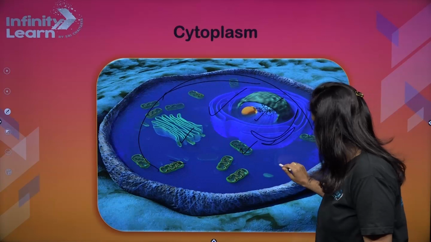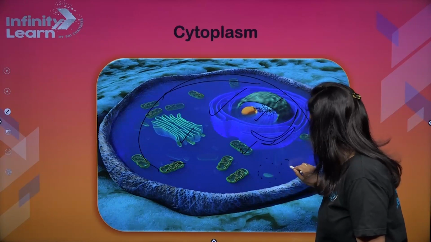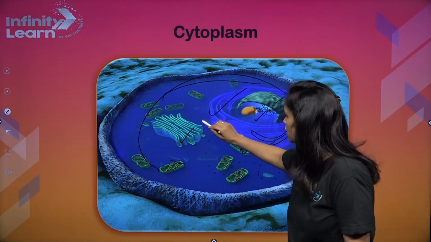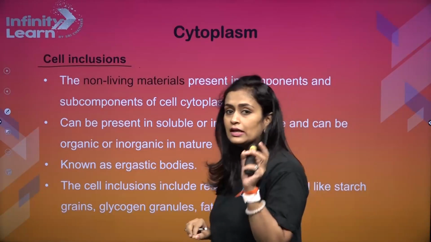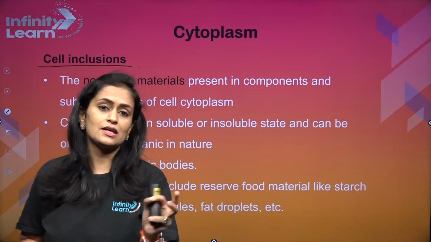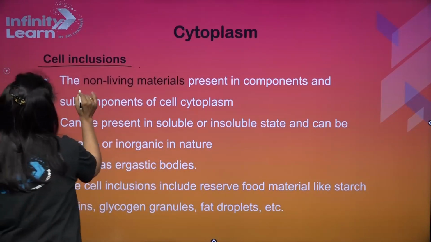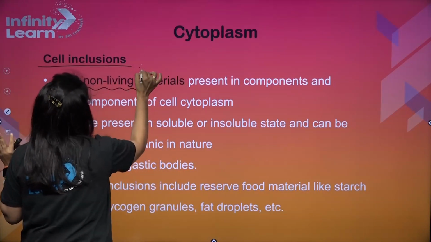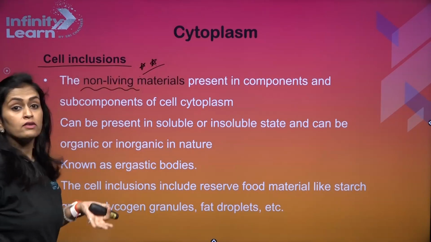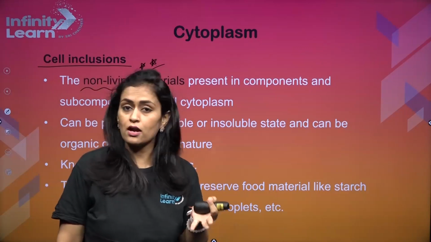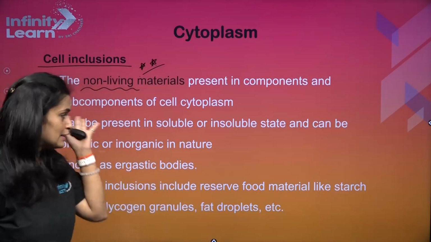But apart from that, you will find many small inclusion bodies as well. So what are those things? These are non-living components of the cytoplasm. Important to remember: non-living components in the cytoplasm are known as cell inclusions.